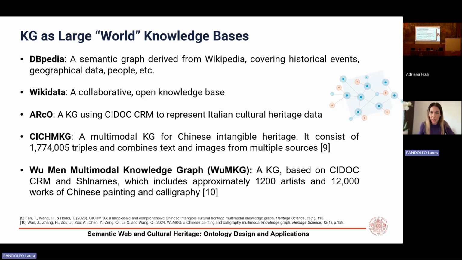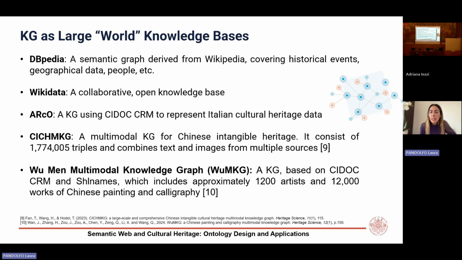The last two examples you can see in these slides refer to the Chinese cultural heritage domain. So I thought that, given the framework of this seminar, it was important to mention them and include them in this presentation. The first one, the CICHM knowledge graph, is a multimodal knowledge graph, multimodal in the sense that it combines both text and images, focused on Chinese intangible heritage, and it contains 1.7 million triples.